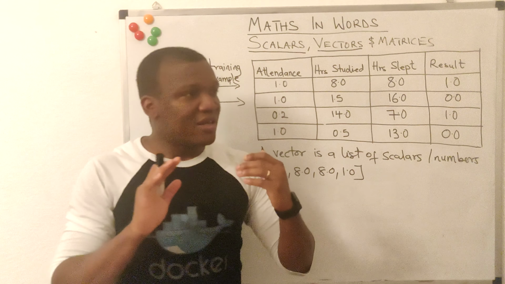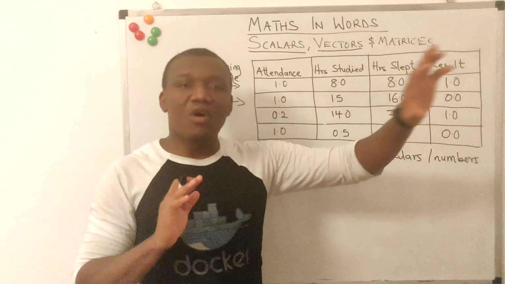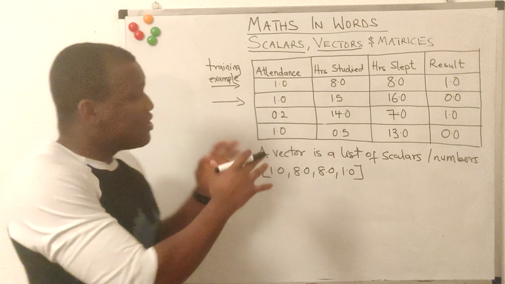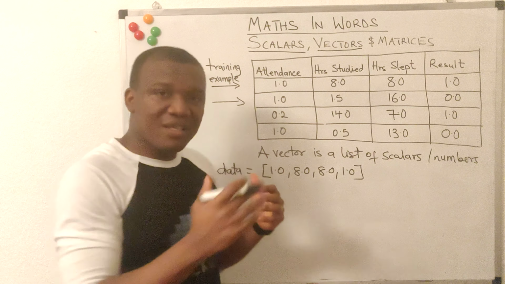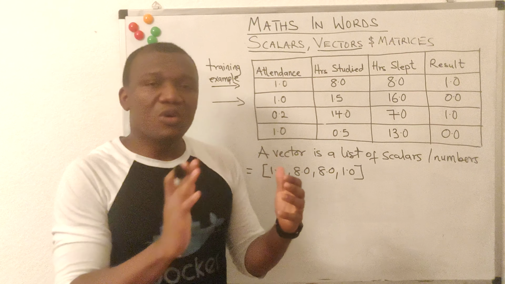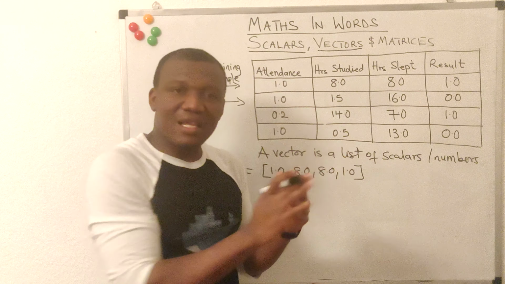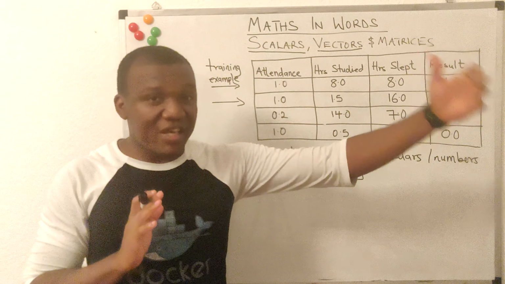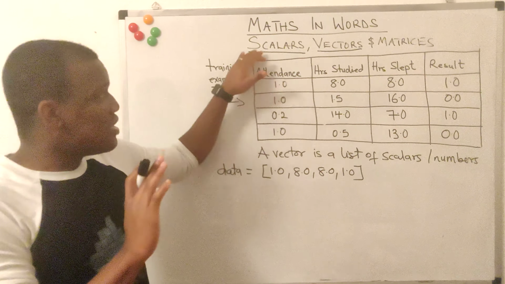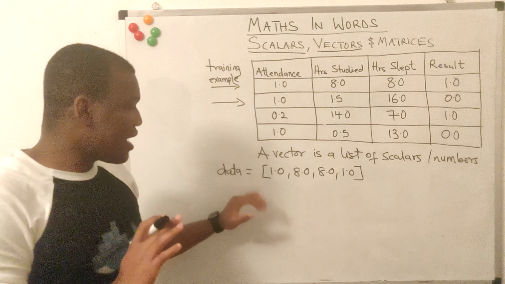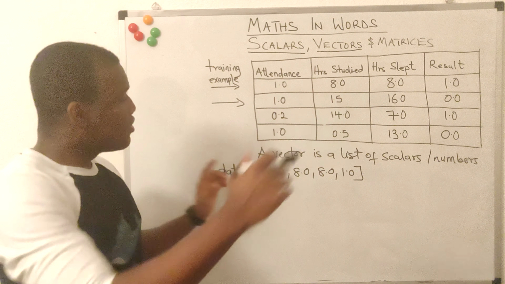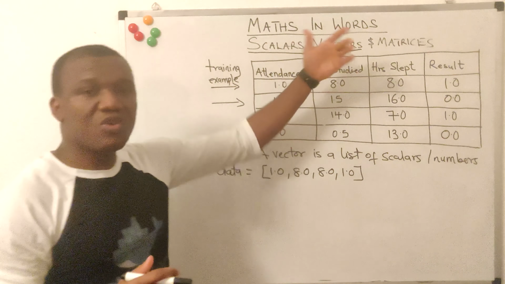I stated that there is a geometrical interpretation of vectors, but we are not interested in that now. We are just interested in using vectors to help train machine learning models. So we are not talking about the geometric interpretation of a vector here. So in simple English, a vector is just a rectangular list of scalars, and you already know what a scalar is.